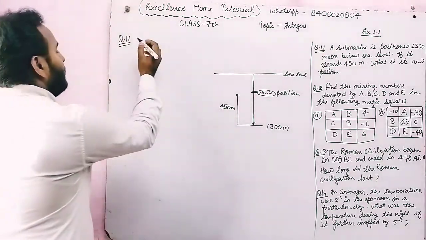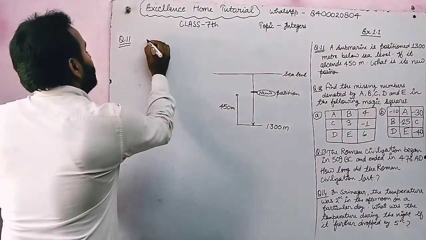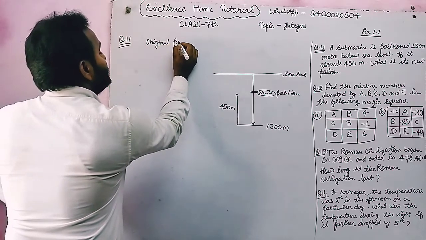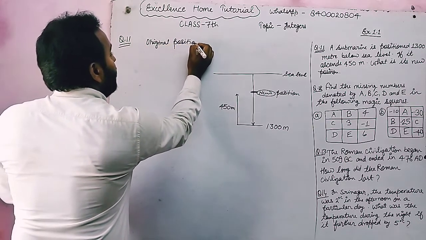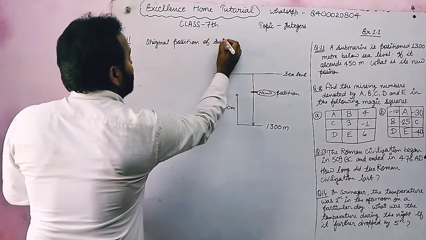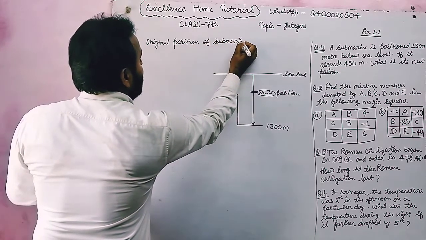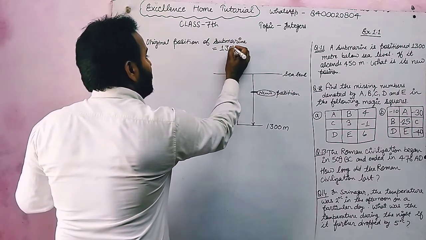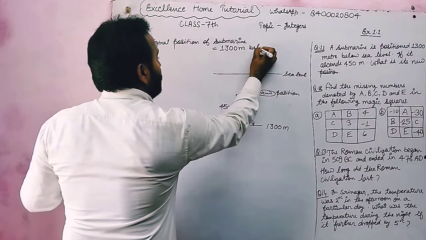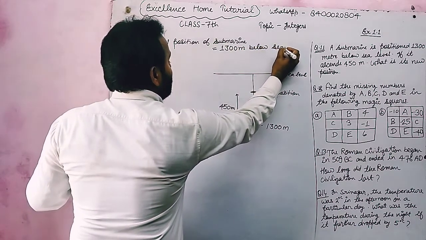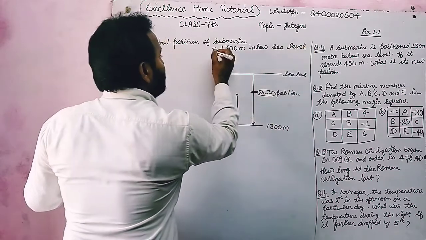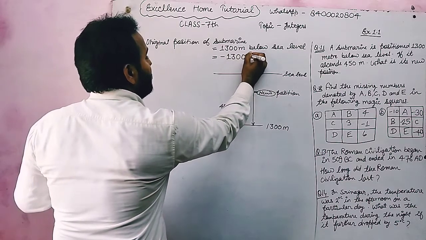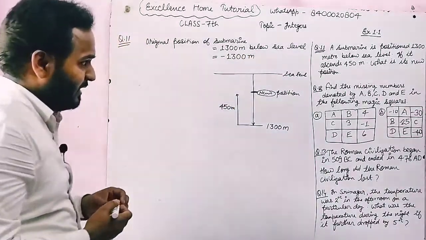So let the original position of the submarine be equal to 1300 meter below sea level, and this is represented by a minus sign because below the sea level is represented by a minus sign.